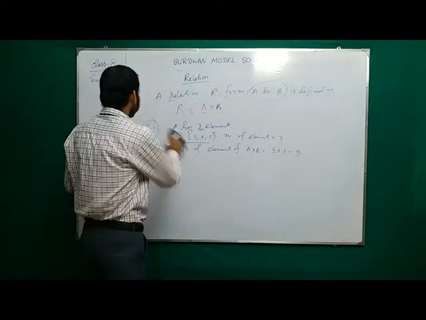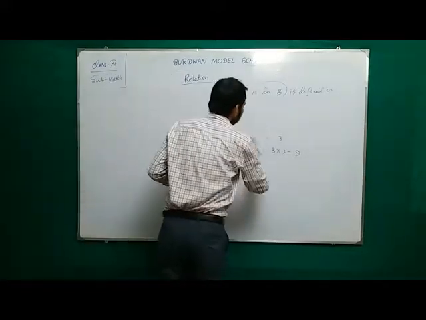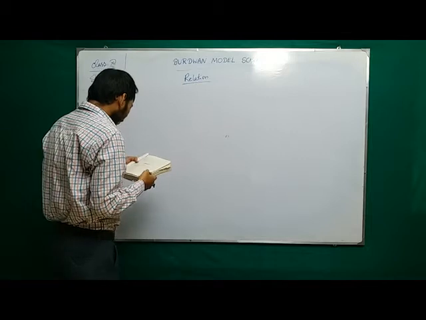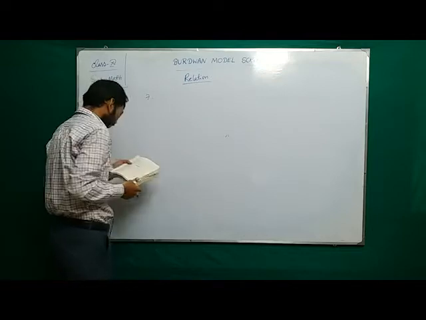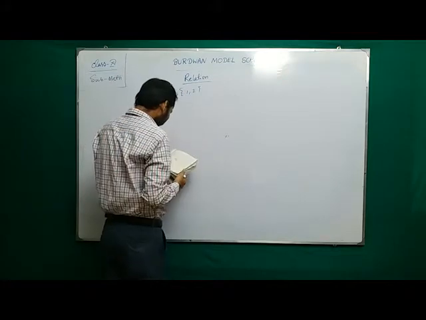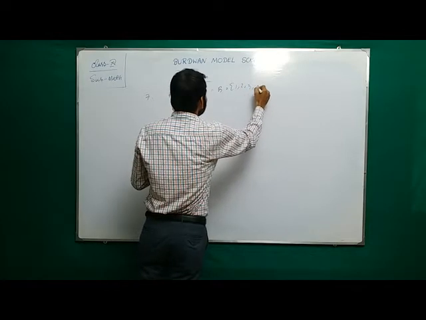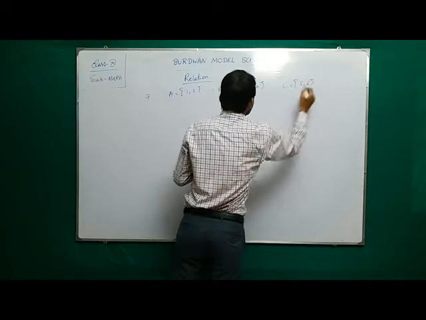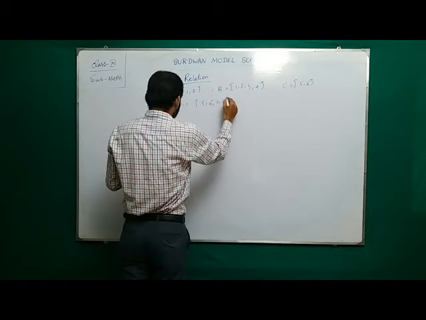Now move on to question number 7. Here A equals to 1, 2, B equals to 1, 2, 3, 4, C equals to 5, 6, D equals to 5, 6, 7, 8.